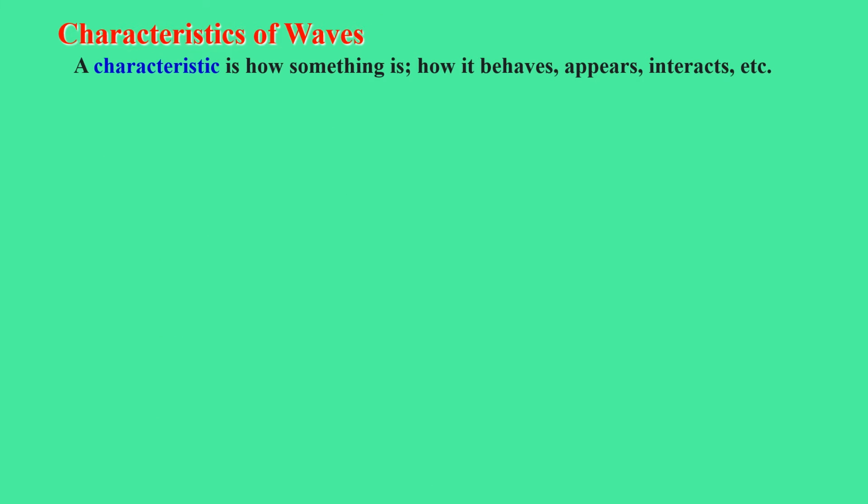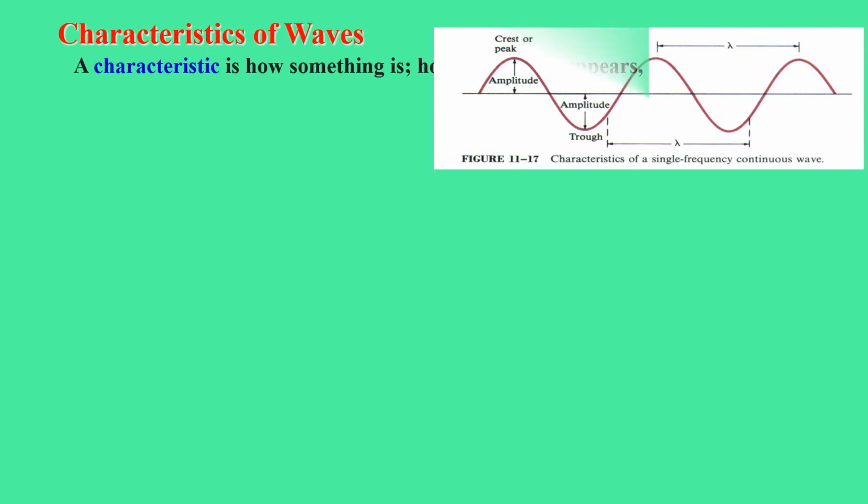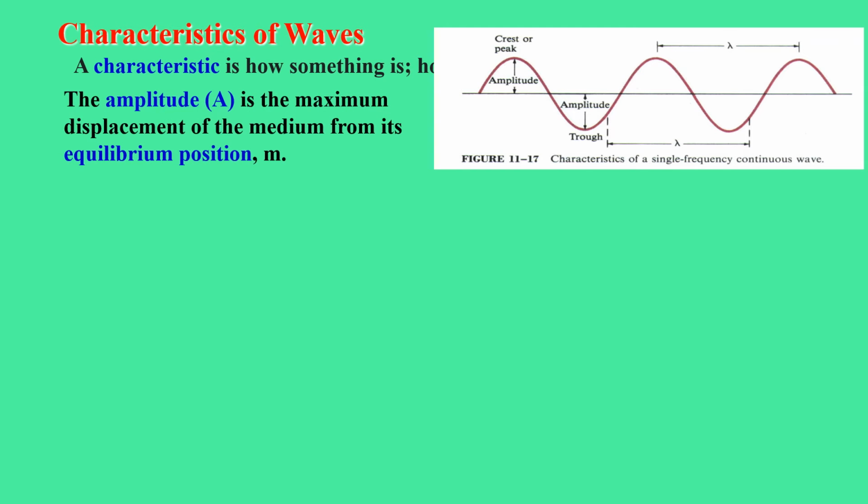Let us now consider the characteristics of waves. A characteristic is how something is, how it behaves, appears, interacts, and so on. Let us consider the transverse wave for demonstration. The amplitude A is the maximum displacement of the medium from its equilibrium position.